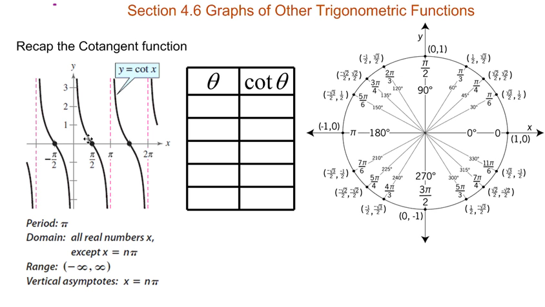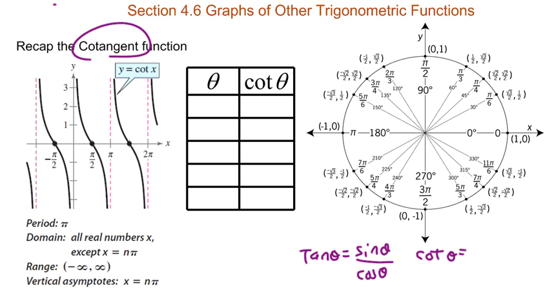If you go to 0 on the unit circle, remember that tangent of theta is sine theta over cosine theta. But now we're trying to find the cotangent, which is the reciprocal, so we just flip that: cosine of theta over sine of theta, which in other words is x over y.